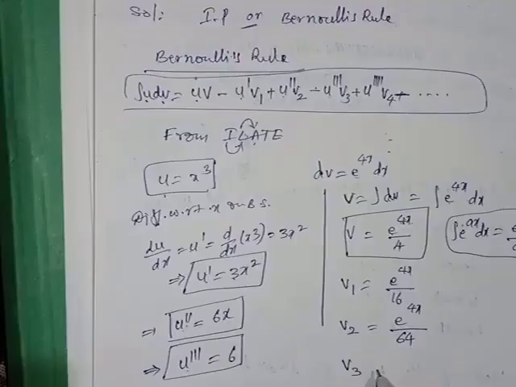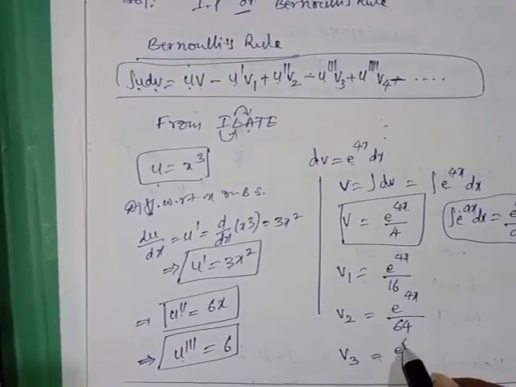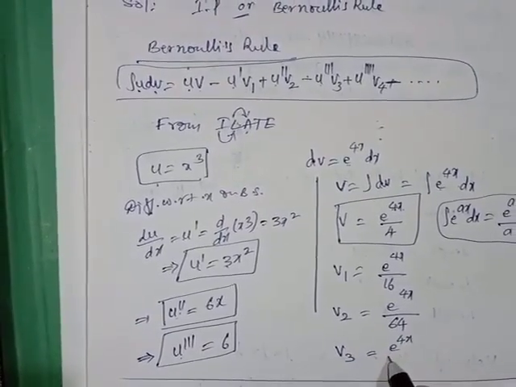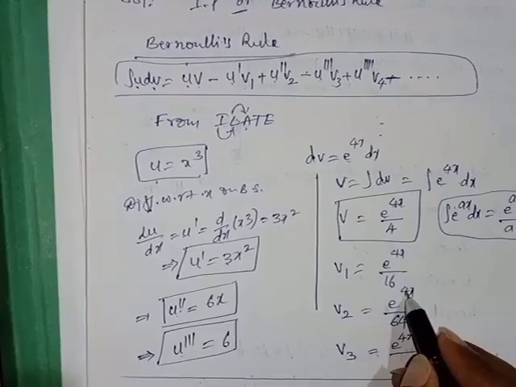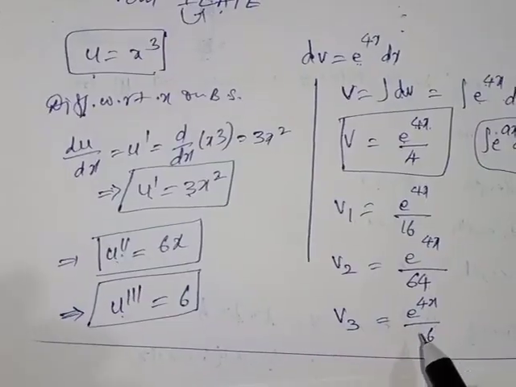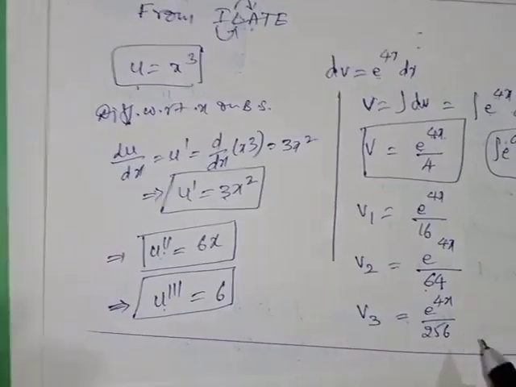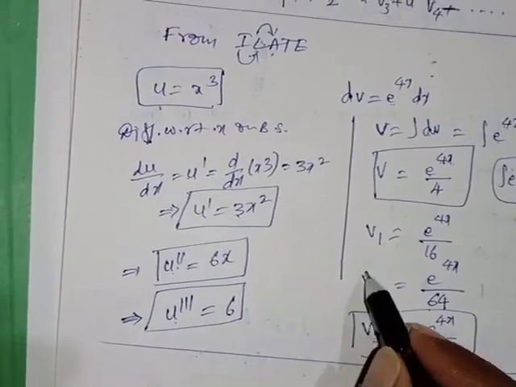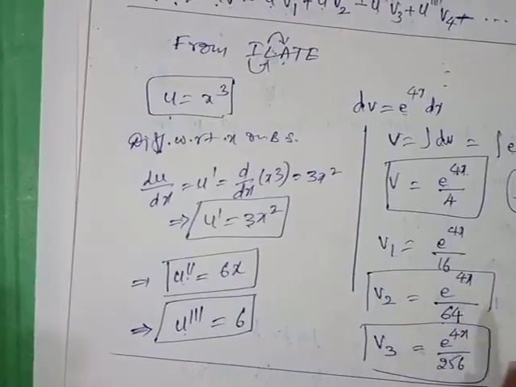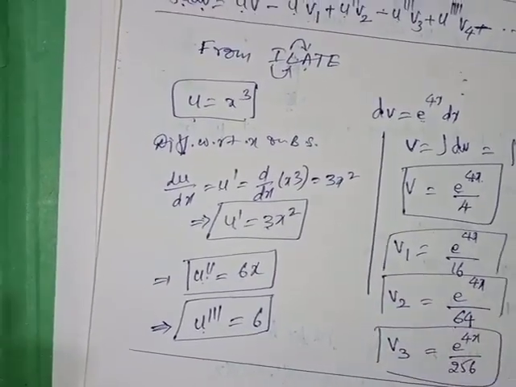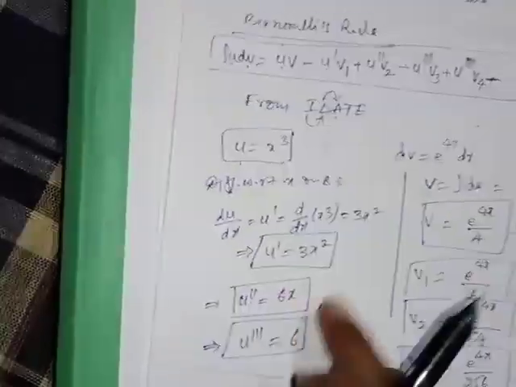The next, v3, the numerator here also is the same, e to the power of 4x upon 4 into 64, which is 256. This is v3. This is v2. This is v1. Substitute these values in the formula.